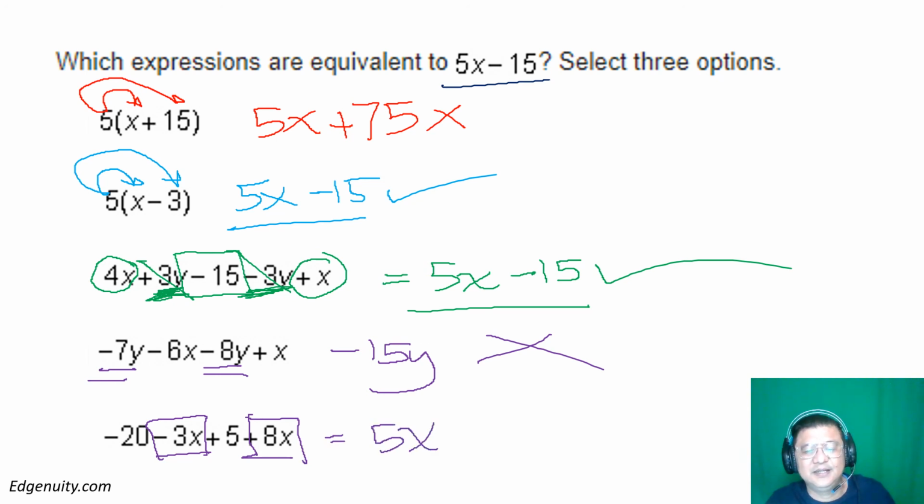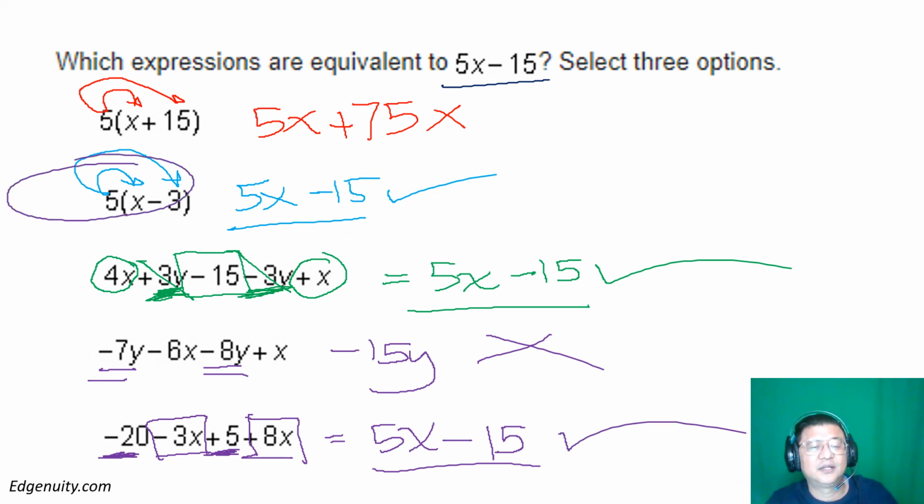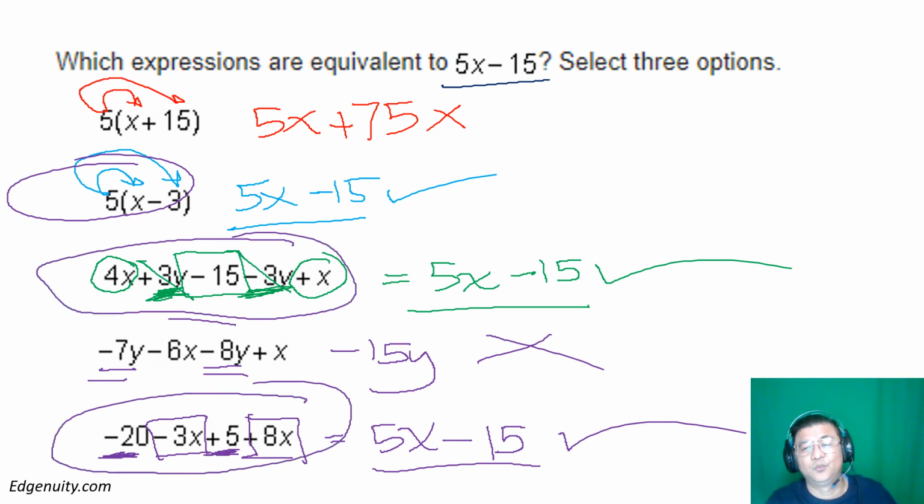All right, next. Look at the negative 20 and the positive 5. Different signs subtract. That's a 15, because 15 has a greater absolute value, so minus 15. So that's also correct. So these three are the correct values equivalent to the original one.